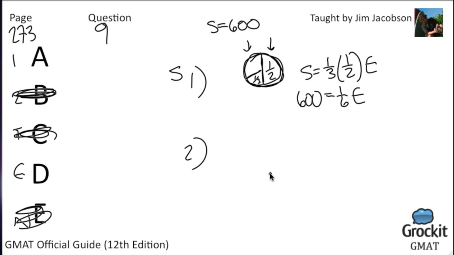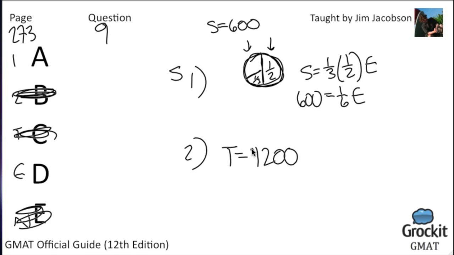Of his earnings last month, Pat paid twice as much in taxes as he saved. Well, so we know that taxes equals 1,200. His taxes were twice as much as he saved, and that's of his earnings. But we aren't given anything about his earnings or his earnings relative to his taxes even.